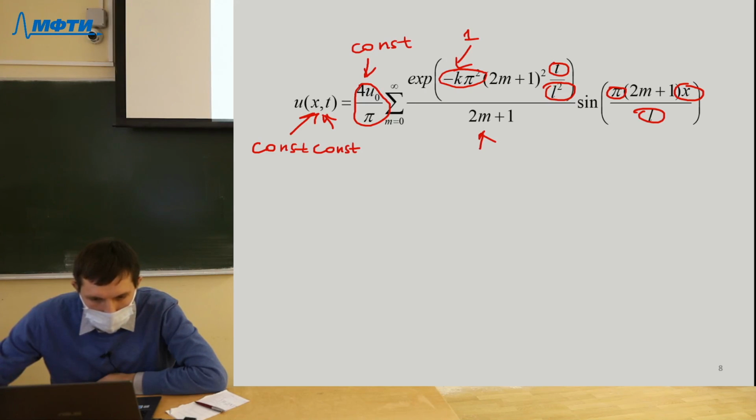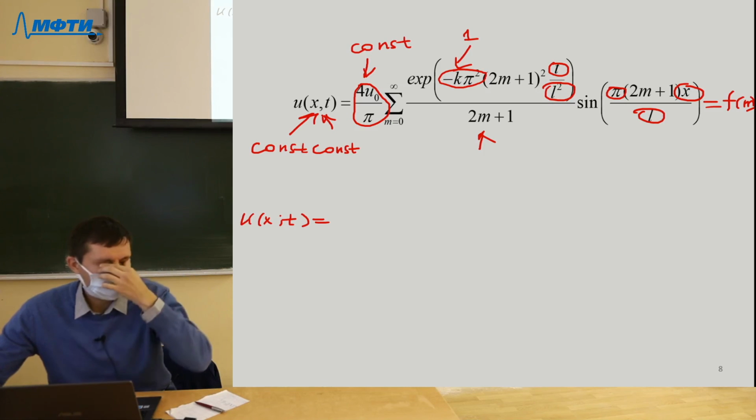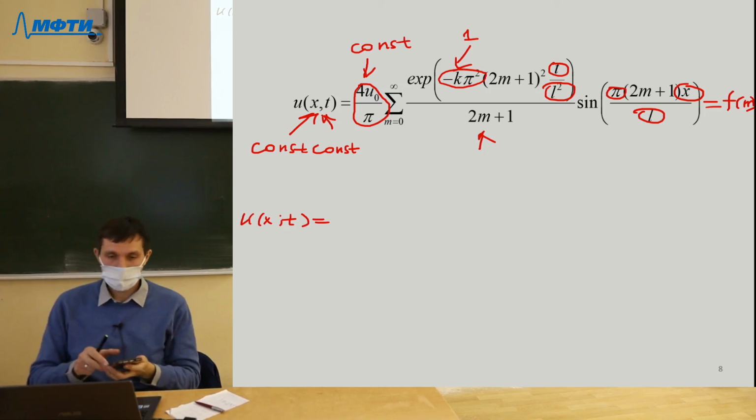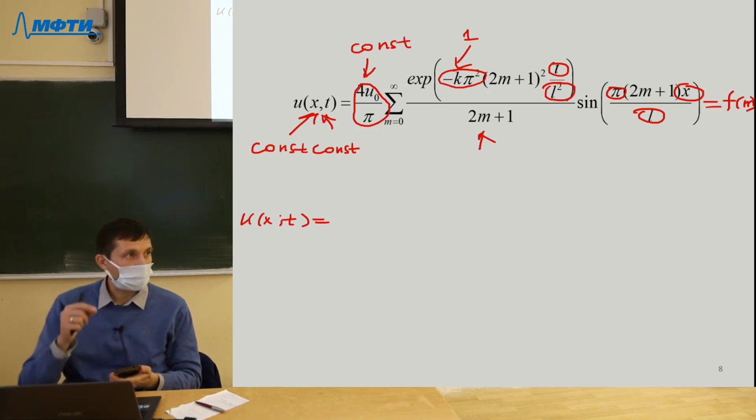U of x and t will be some sum, some function of m in this case, because all other variables are constants and the only independent variable is m. M is the number of the term in the sum.